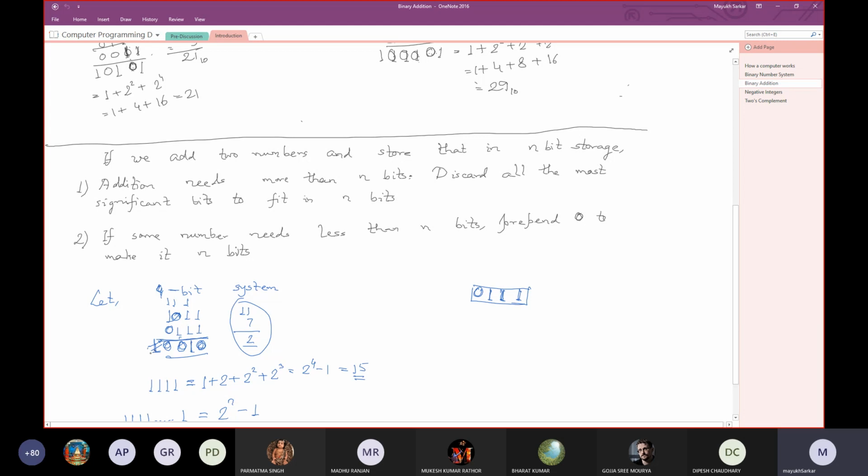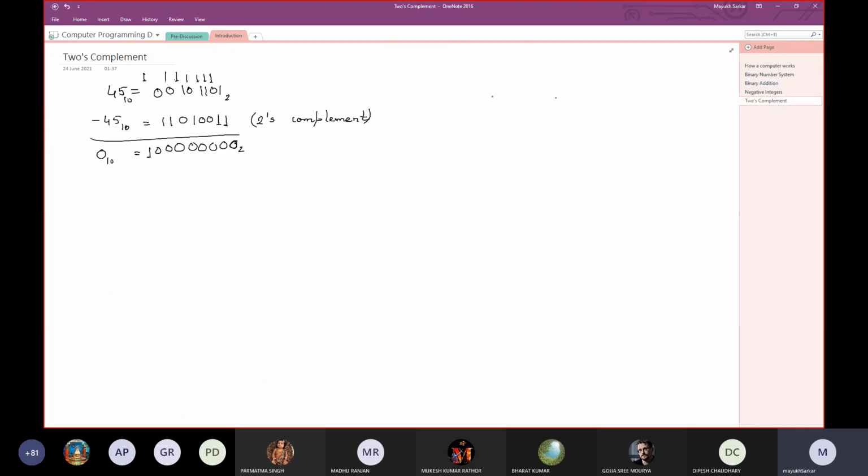We will always discard the leftmost bits as long as the result does not become more than n bits, right?